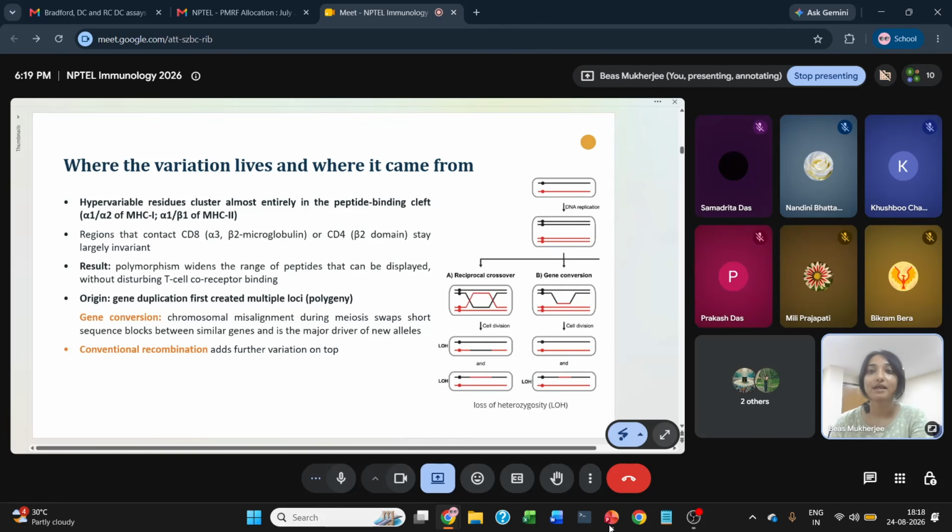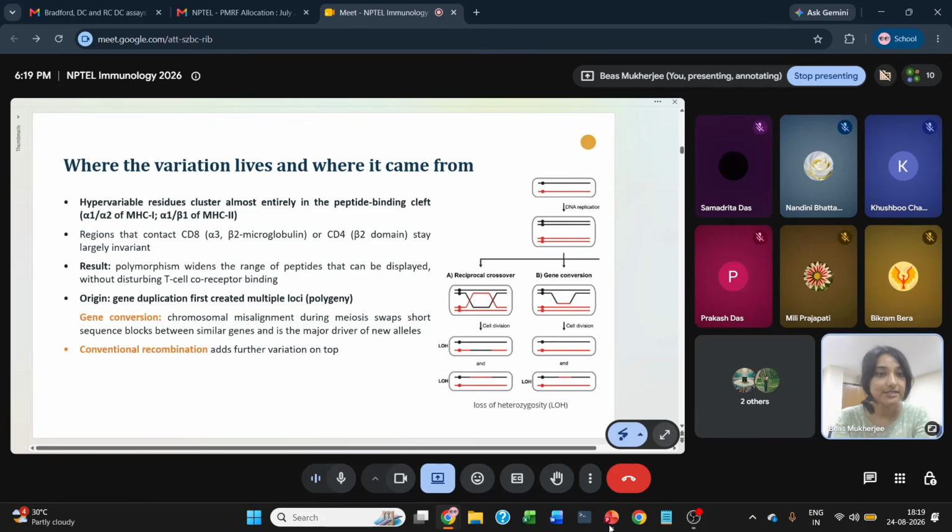variable. Now, the regions that contact the CD8, that is alpha 3 and beta 2 microglobulin, or CD4, which are T cell co-receptors, they stay invariant, of course, because the CD4 and CD8 are the same for all the T cells, right? And if this region has to contact this co-receptor, they will have to stay consistent.